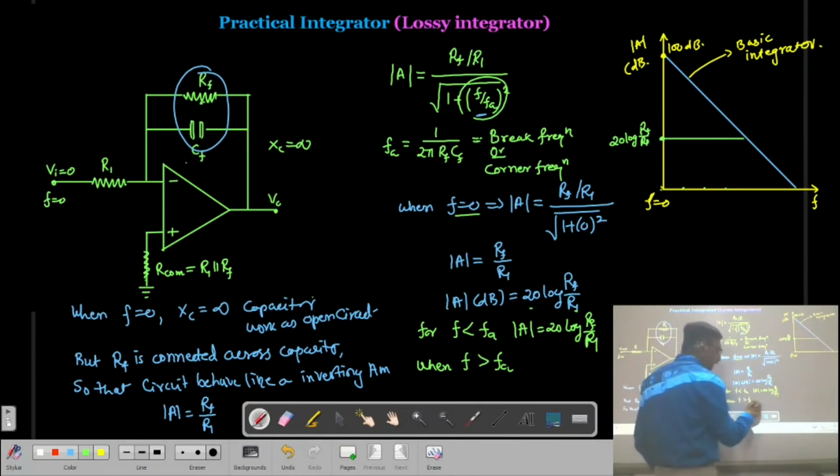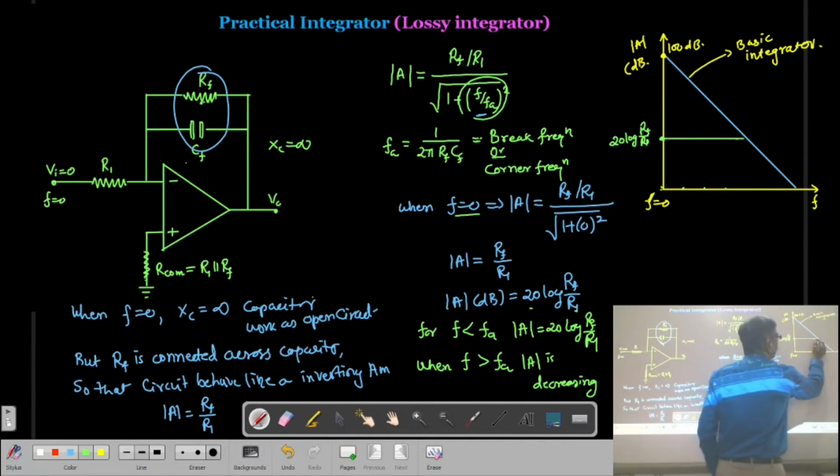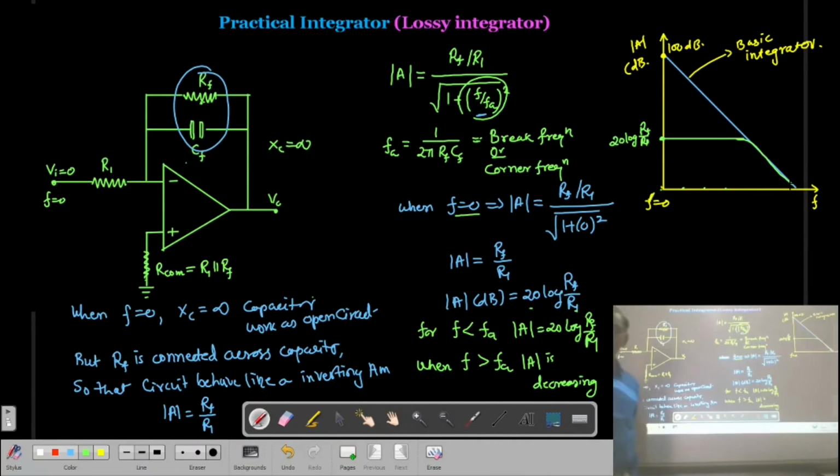When f is greater than FA, the gain is decreasing. So in this case it will decrease like this. Remember, it is going to decrease in this manner.